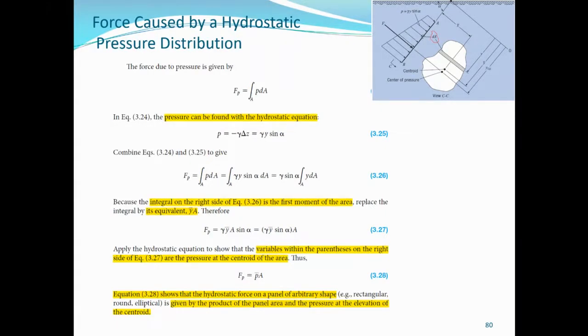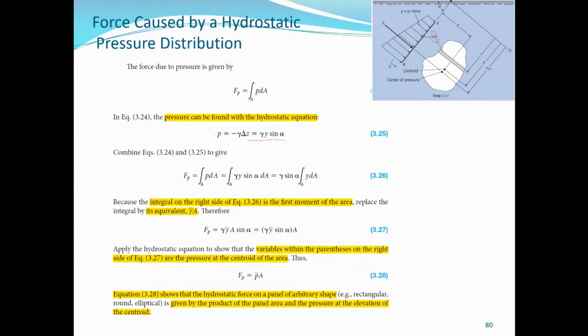Pressure is force over area, so the hydrostatic force is the pressure times area. The pressure can be found using the hydrostatic equation, and because delta z is y sine alpha, we substitute P as gamma y sine alpha.